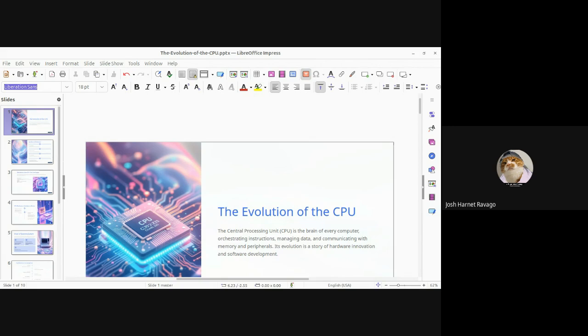So this document explores the four critical aspects, or key pillars, of the CPU evolution.